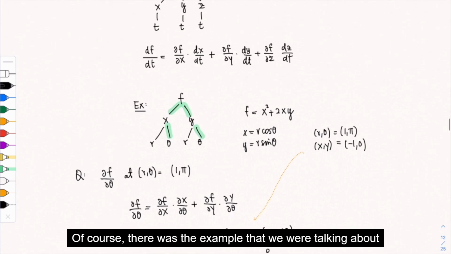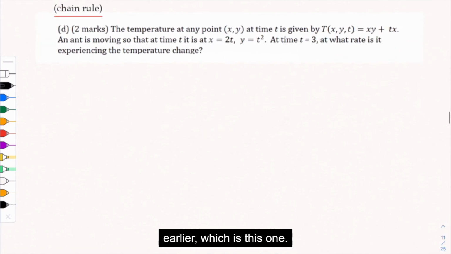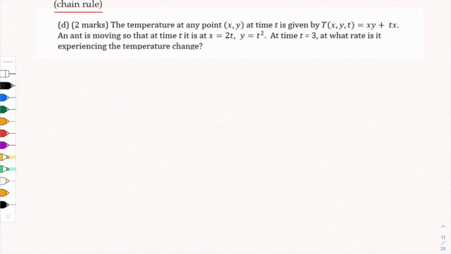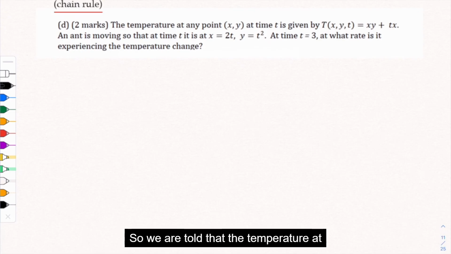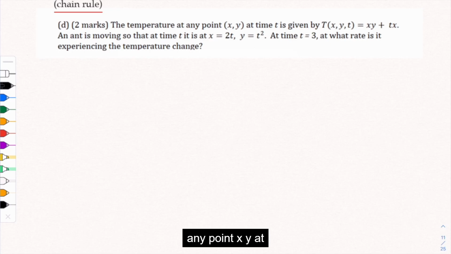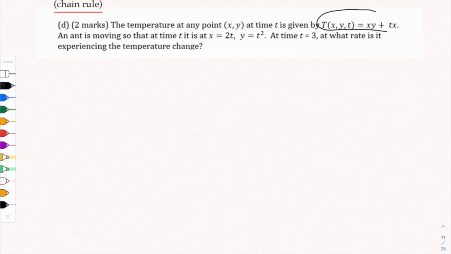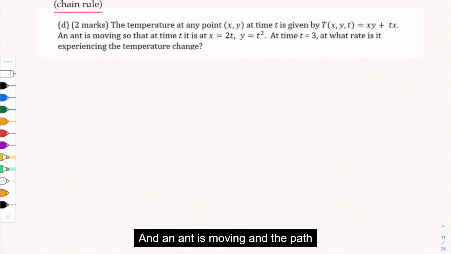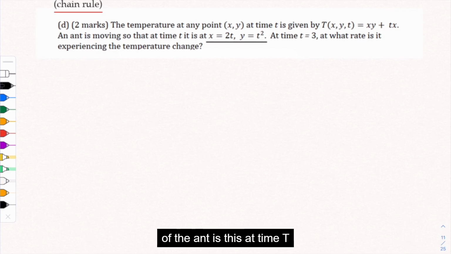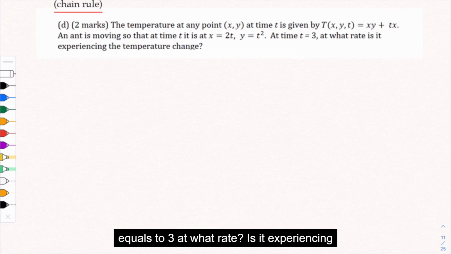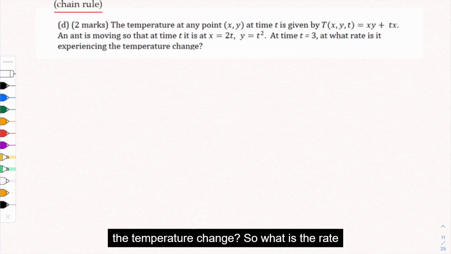Of course, there was the example that we were talking about earlier, which is this one. So we are told that the temperature at any point x, y at time t is given to us by this. And an ant is moving, and the path of the ant is this. At time t equals 3, at what rate is it experiencing the temperature change?